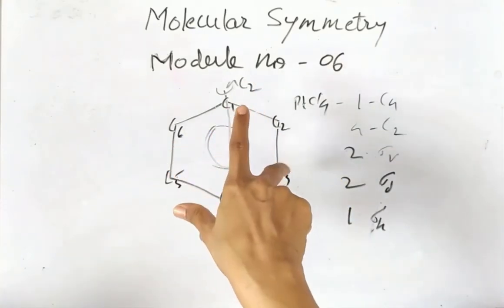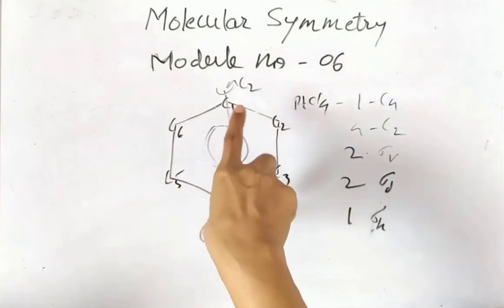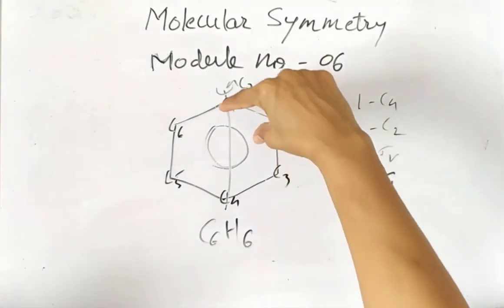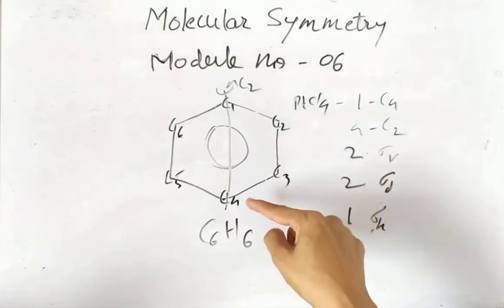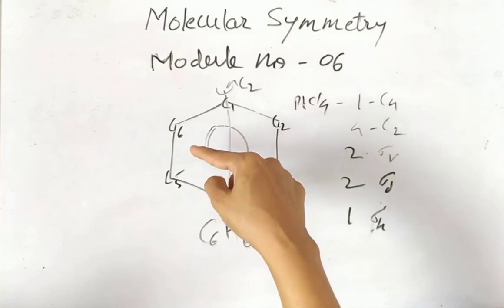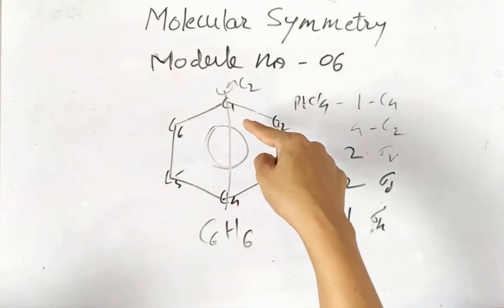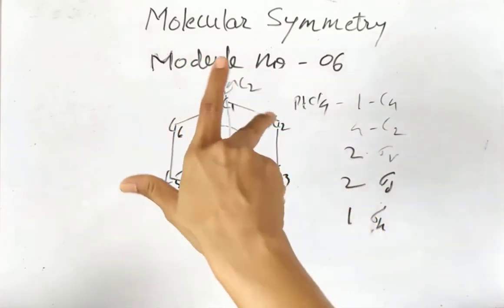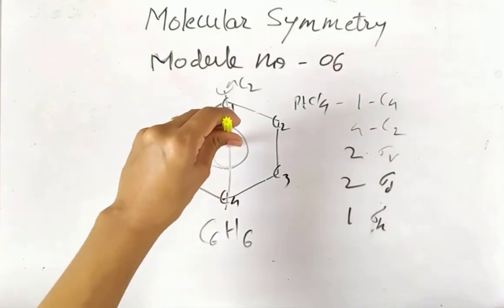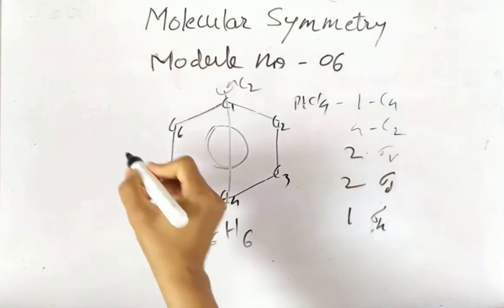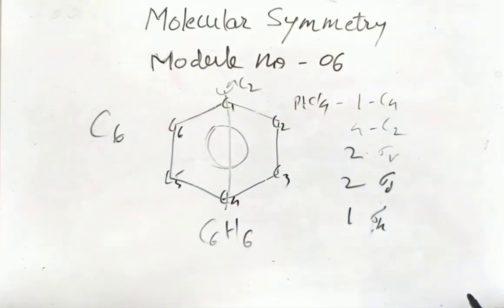This diagram we will get. After the second rotation, the C1 will go here. Third rotation, fourth rotation, fifth rotation and sixth rotation. How many times is the molecule rotated to get an exactly identical image? You are rotating it 6 times. So easily you can say that the principal axis that we are passing through benzene has 6-fold rotation, or it is called the C6 axis.